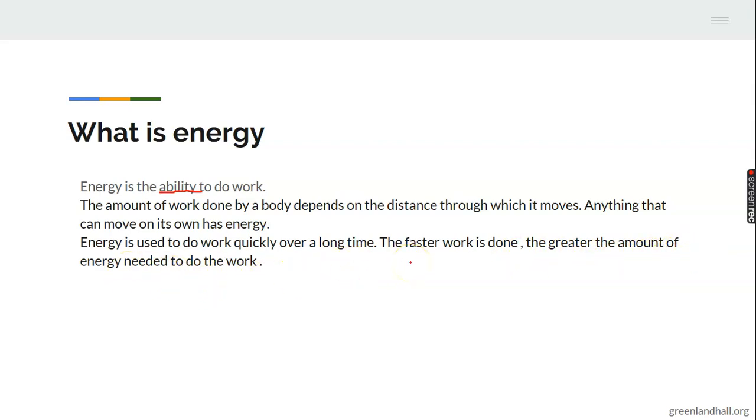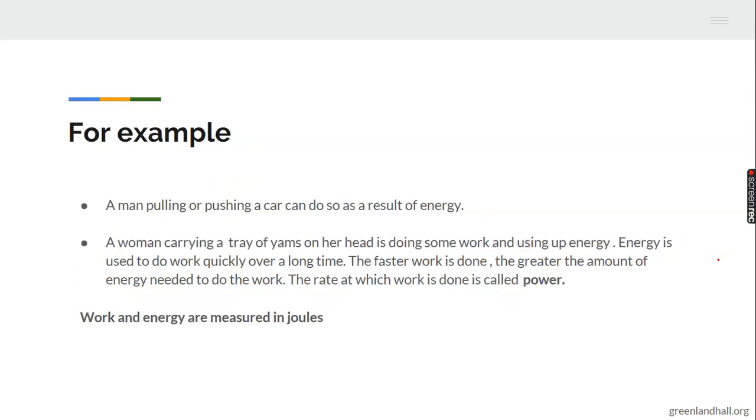How fast you can do that work depends on the amount of energy you have in you. So we move to examples.